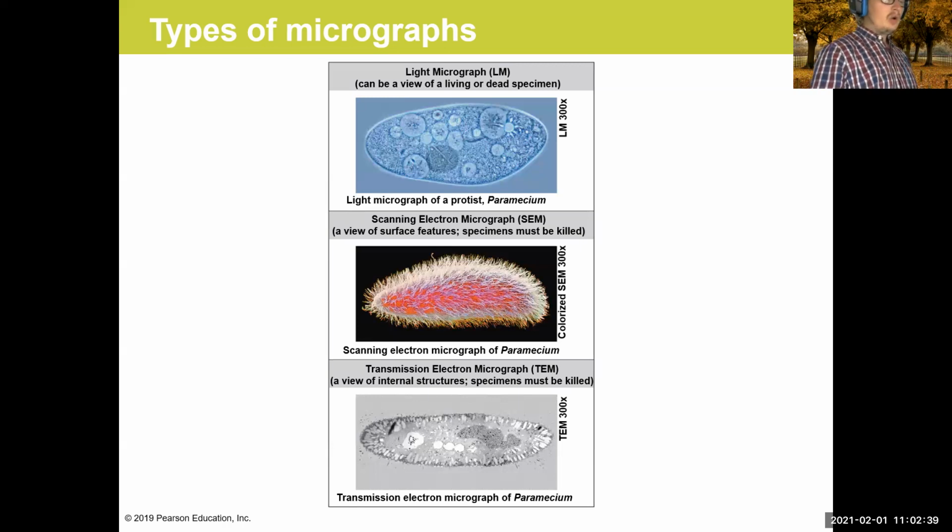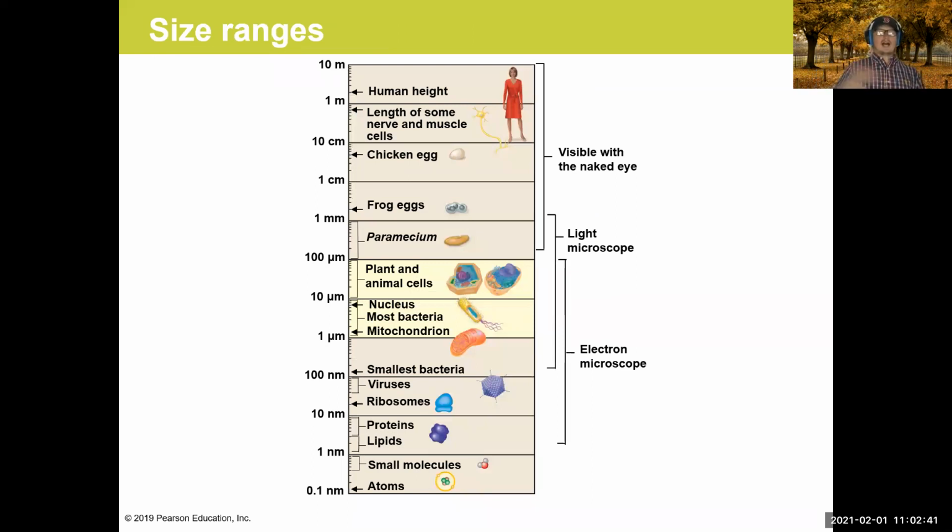Looking at the wide range of cells that exist, the size of the cells will differ between large, complex eukaryotic cells and smaller, somewhat simpler prokaryotic cells.